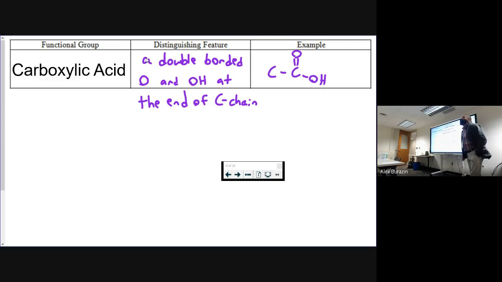This is known as ethanoic acid. However, you probably know it by a different name.